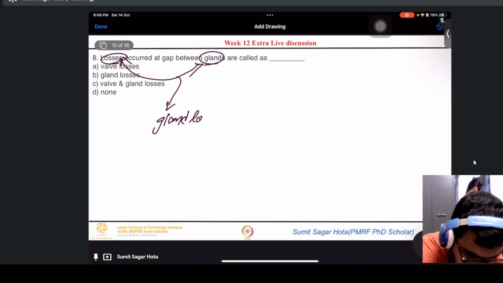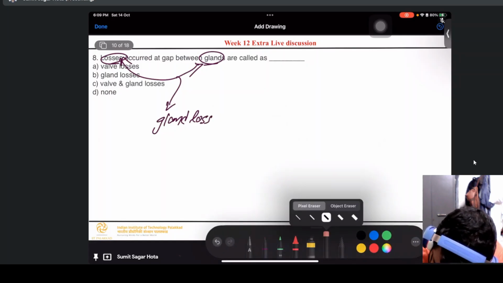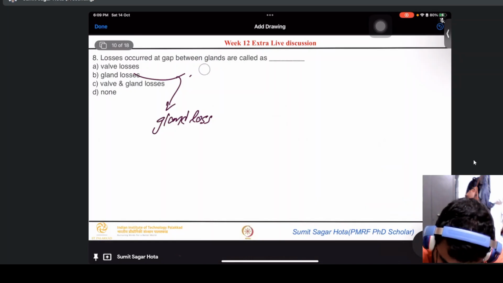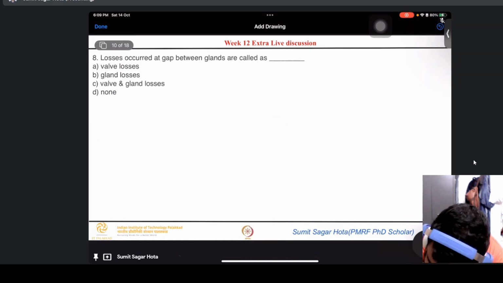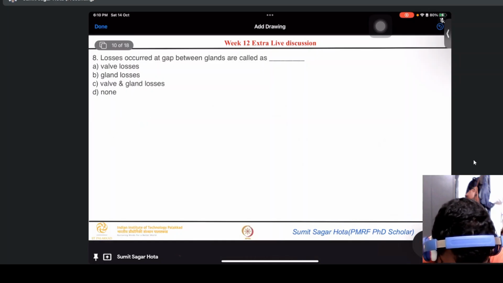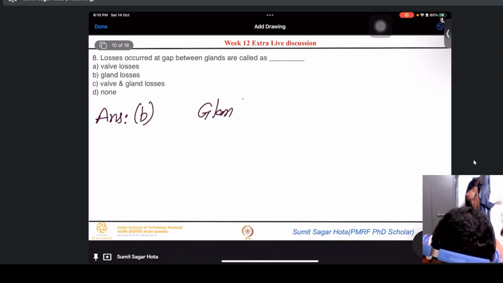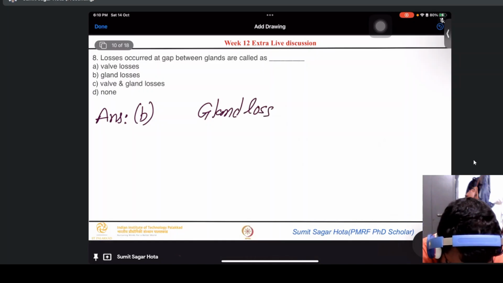These are simple questions, this also can be asked. Gland loss.